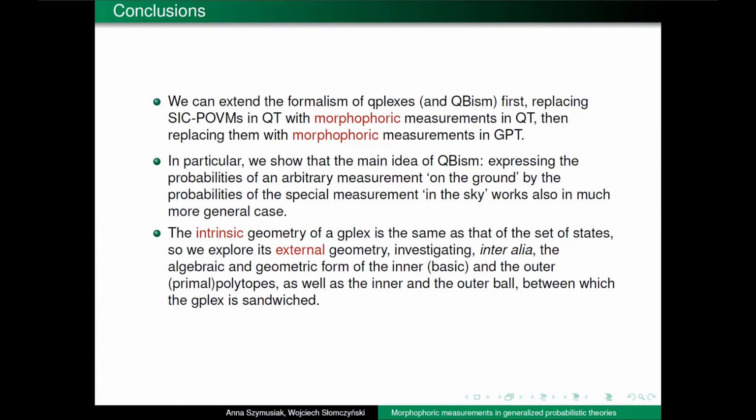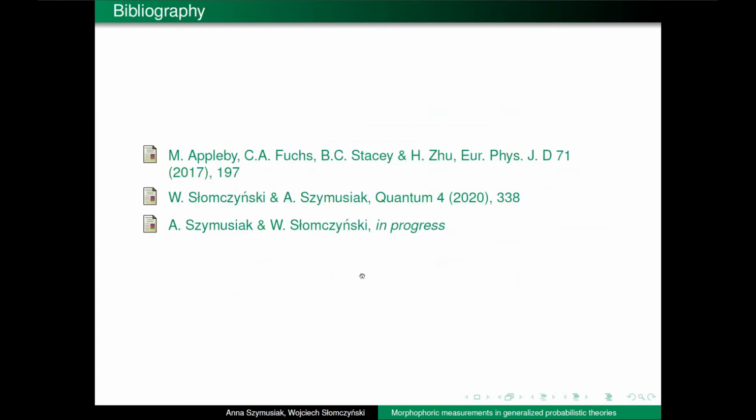But on the other hand, the fact that it lies between two polytopes, as Anna showed us, is connected not with the state space, but with this morphophoricity of the measurement. So it is a kind of work in progress because it's not finished.